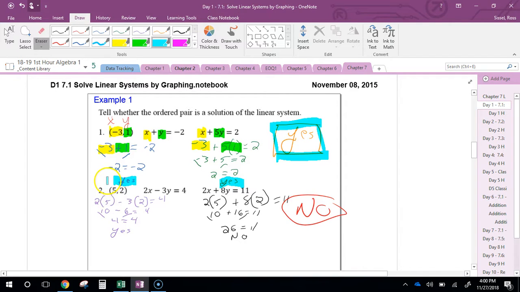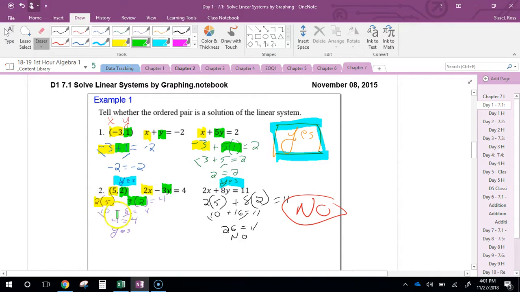When I do number 2, same thing I'm doing. I'm going to input, switch my colors, 5 in for x, and 2 in for y. So here's my equation, 2x, which becomes 2 times 5, minus 3y, which becomes 3 times 2.